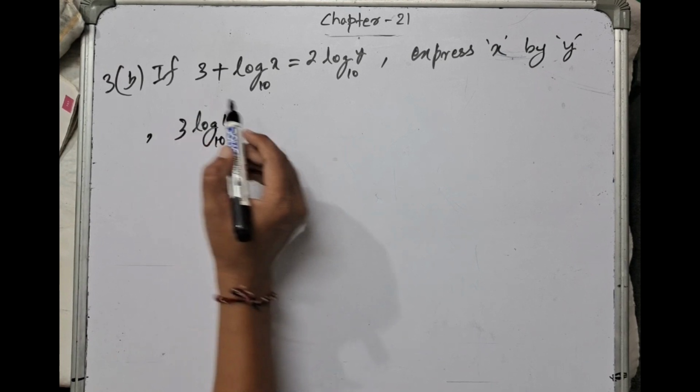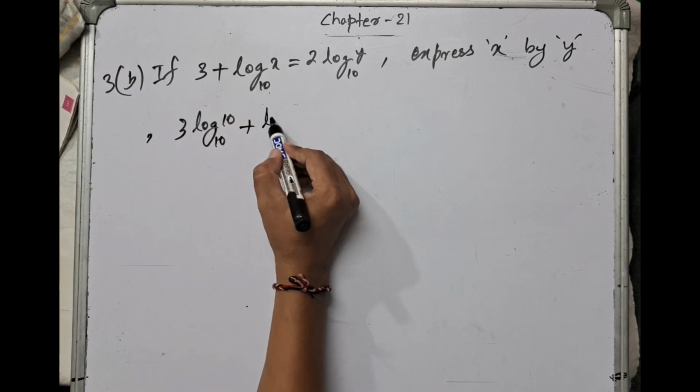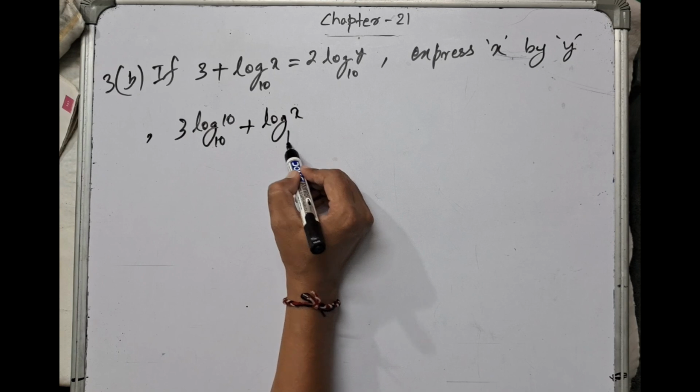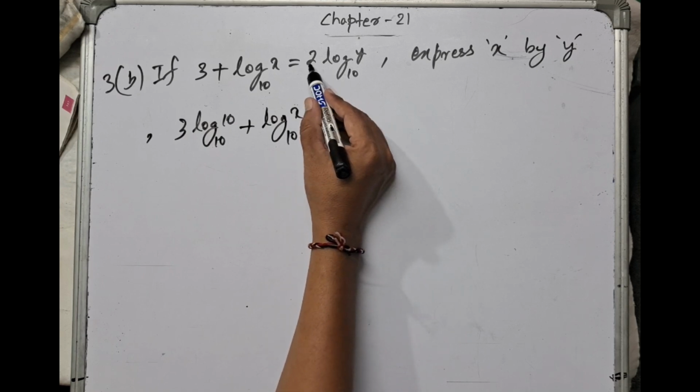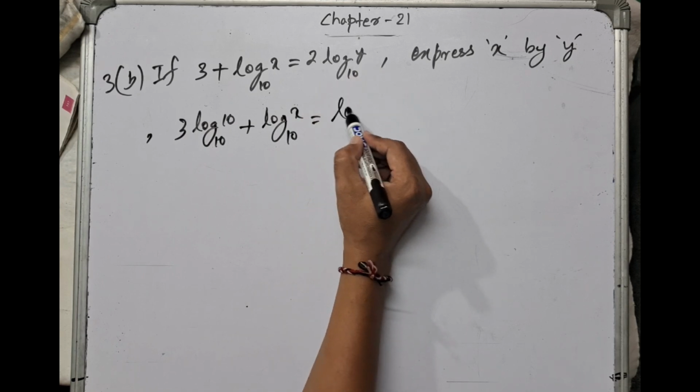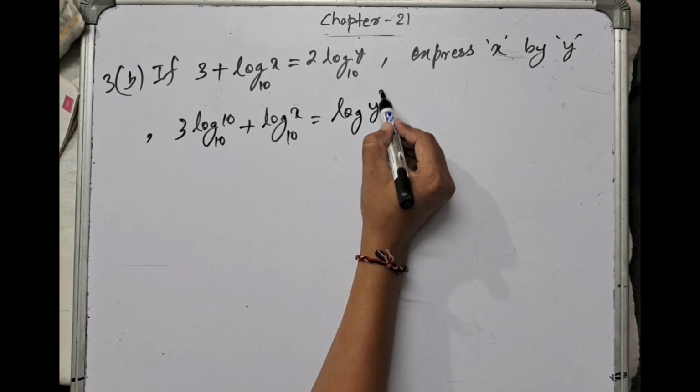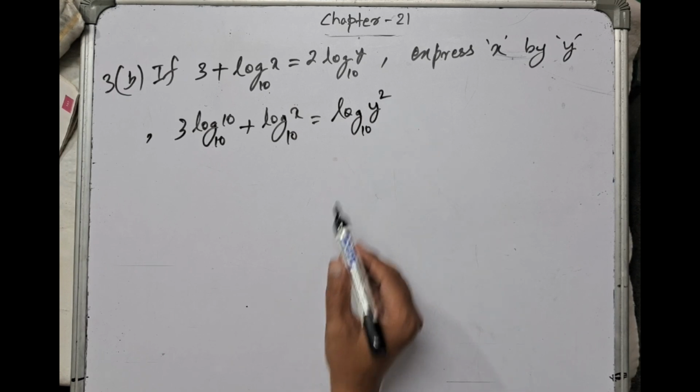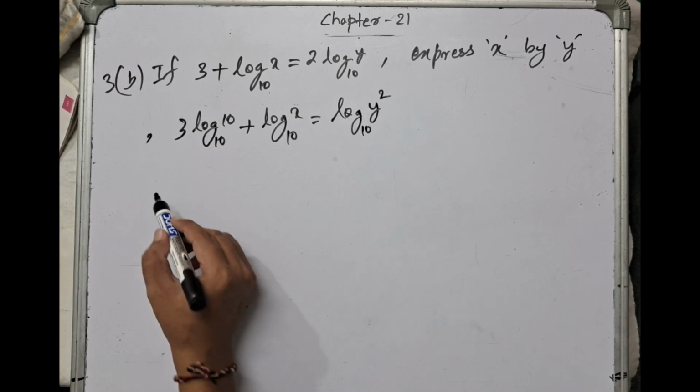So 3 plus log x to the base 10 equal to, let's take this 2, log y to the power 2 to the base 10, log y square to the base 10.